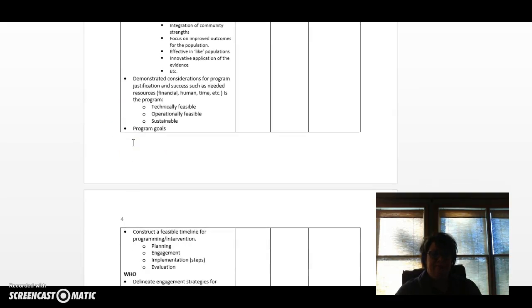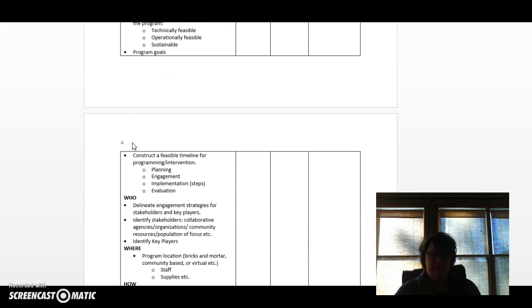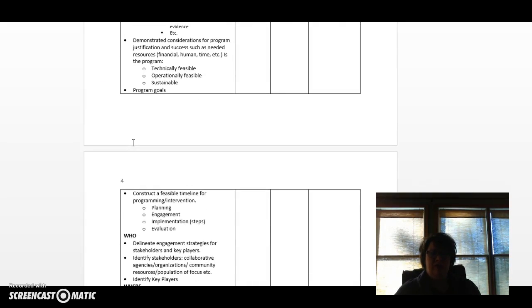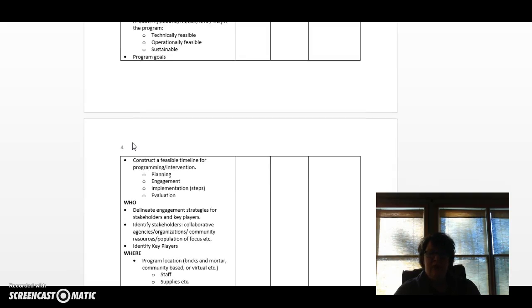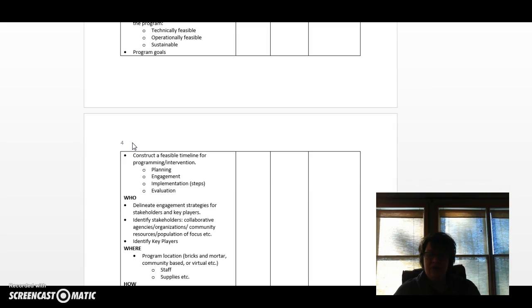So as we move on down, you also want to make sure that you've used a program that's appropriate to your area as well. You want to make sure that it's feasible and it's sustainable. And you want to make sure that you have a good timeline, a real timeline, as far as the implementation.